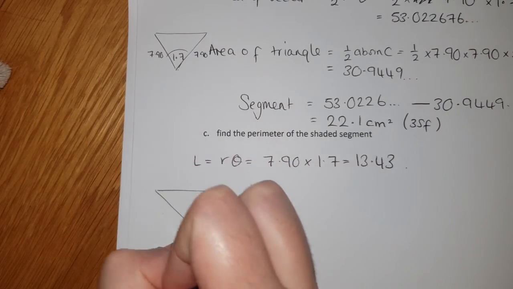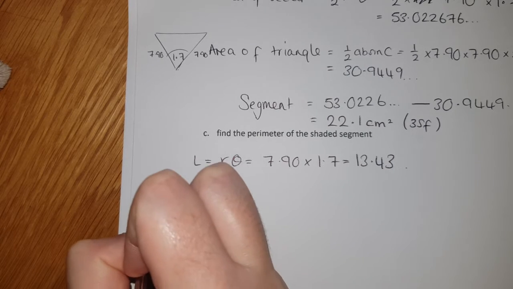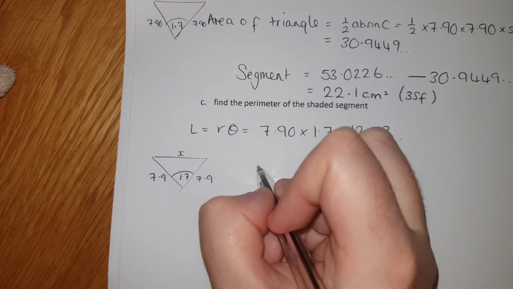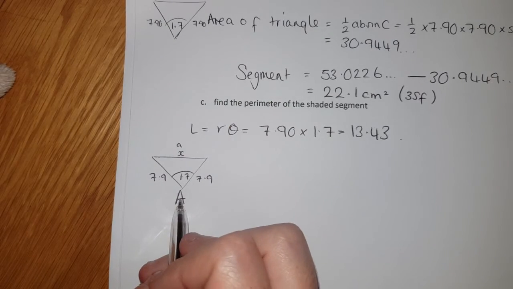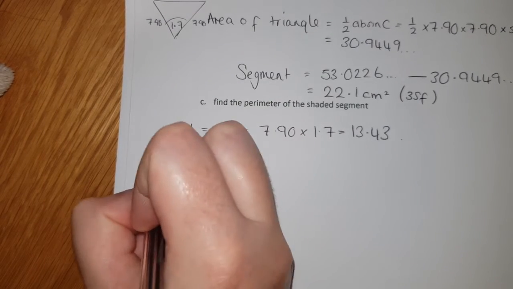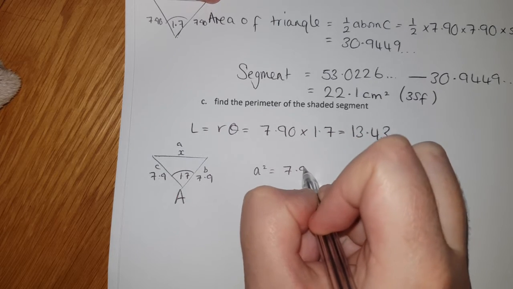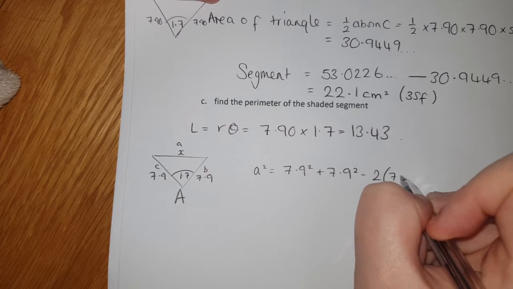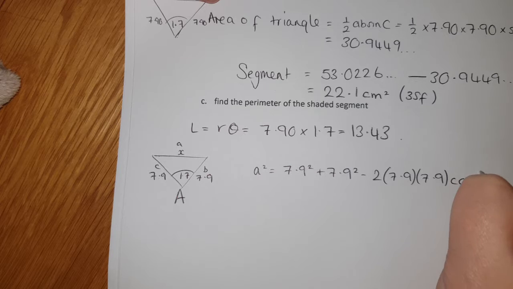In which case, if I redraw the triangle, obviously again, labelling your angle as A. These sides are B and C. So I get A squared equals 7.9 squared plus 7.9 squared minus 2 times B times C times cos of the angle.